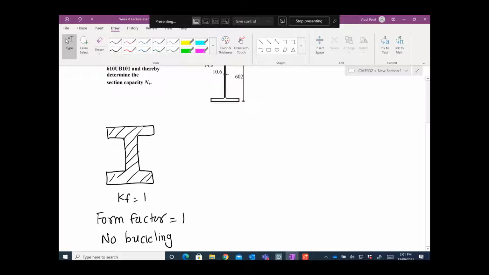Now if you have a form factor less than 1, that is in some of the cases where you have used thin sections, you can see this is thick and this is thin. In that case, these cross sections are effective. So these are the effective area, meaning that this will not buckle.